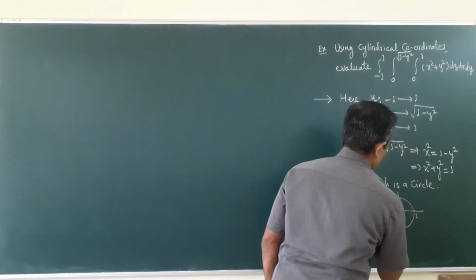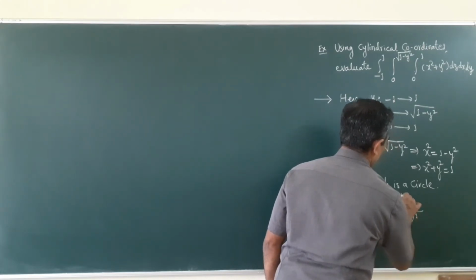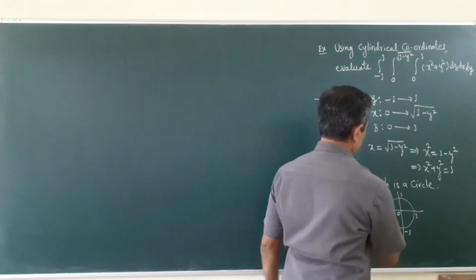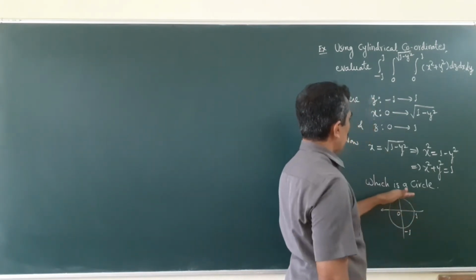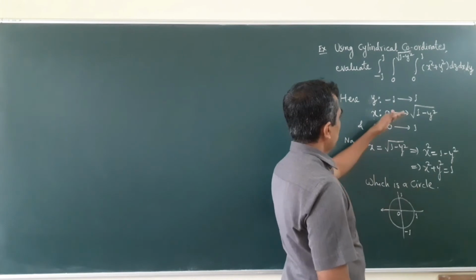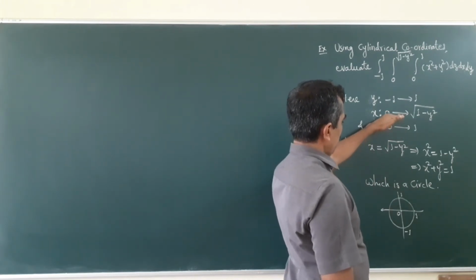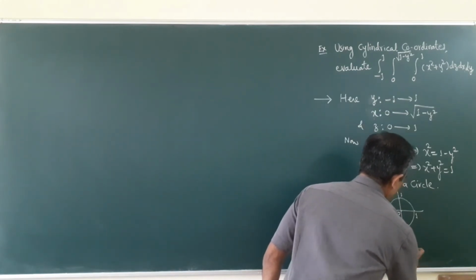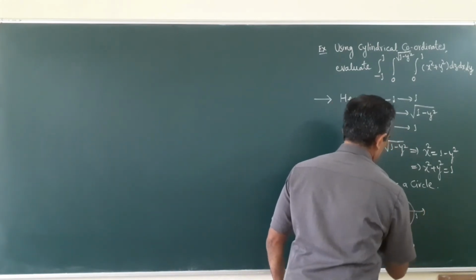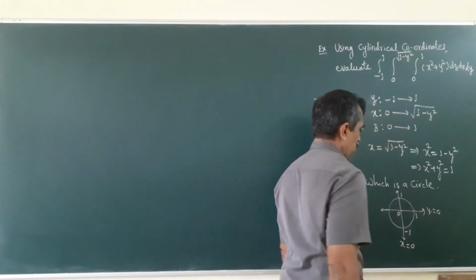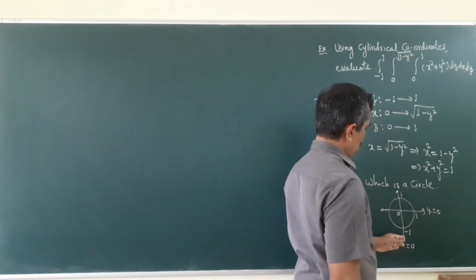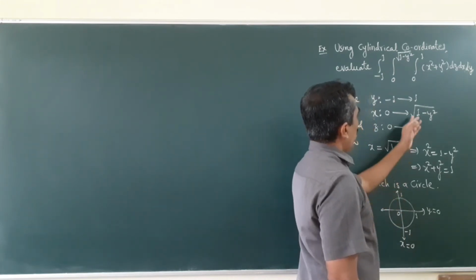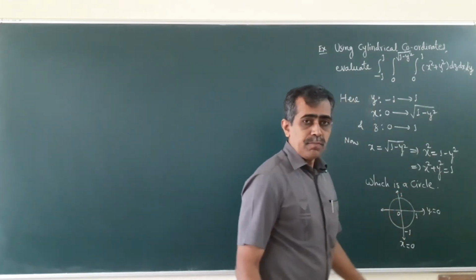Okay. So here y runs from minus 1 to 1, and how is x? See here x runs from 0. Where is x equal to 0? So this is x equal to 0, right? This is y equal to 0. So x runs from 0 to x equal to root of 1 minus y square.